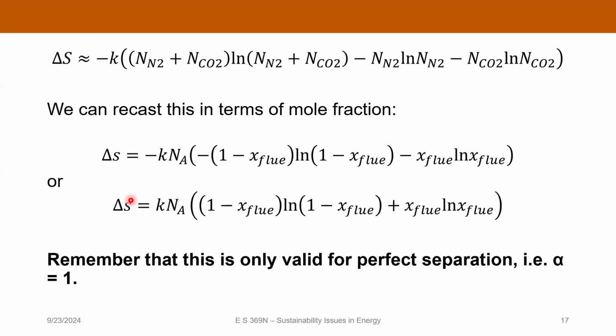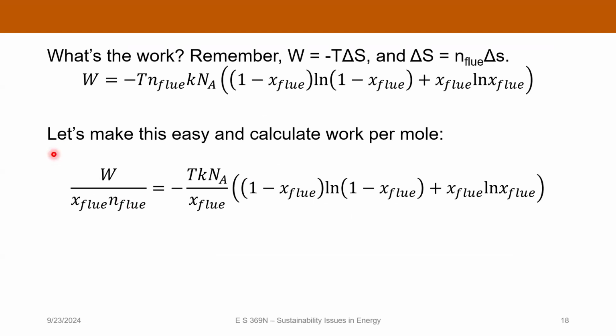Okay, so getting back to the fundamental question here, which is how much work does it take to separate the CO2 from the rest of the gases? So remember, the work is simply temperature times change in entropy. So here's our change in entropy term. We're doing this in terms of absolute entropy, which is incoming flue gas flux times the change in entropy.